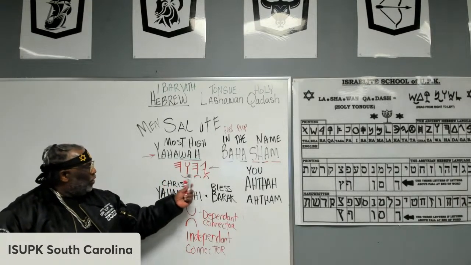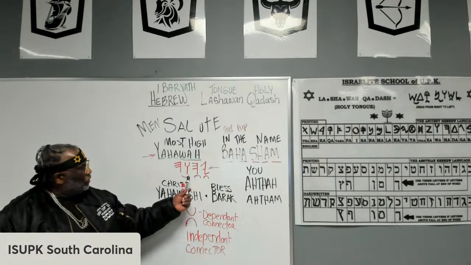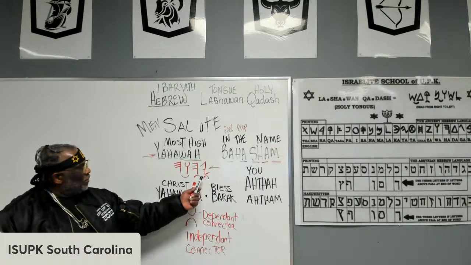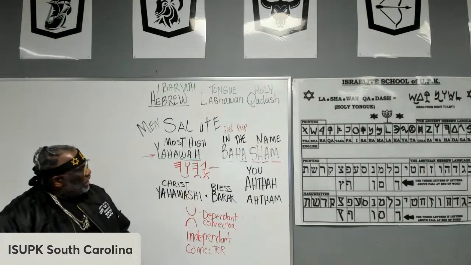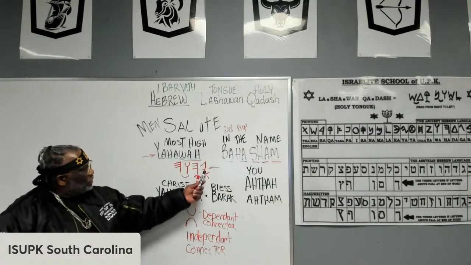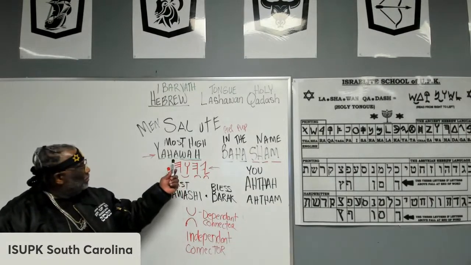So, Yahweh, independent connector. These symbols underneath the characters, these characters make sounds. Of course, they help spell and enunciate that whole word. So, independent sound of Yah, that's what this is, Yah. Of course, we have Ha.